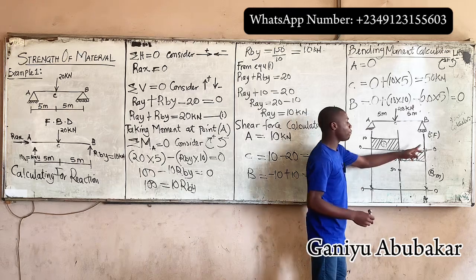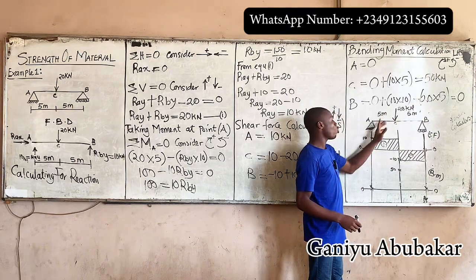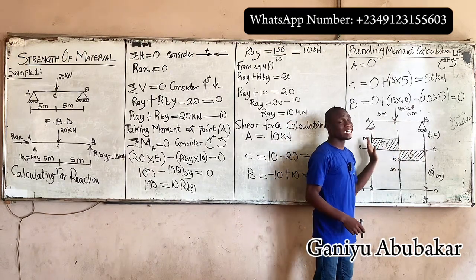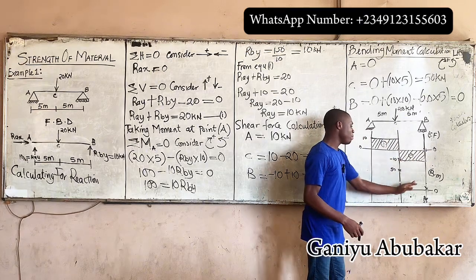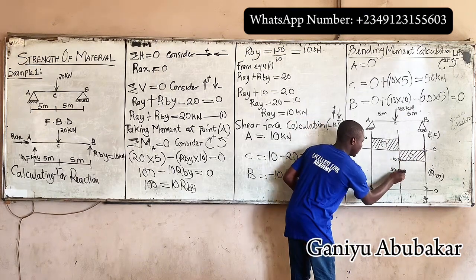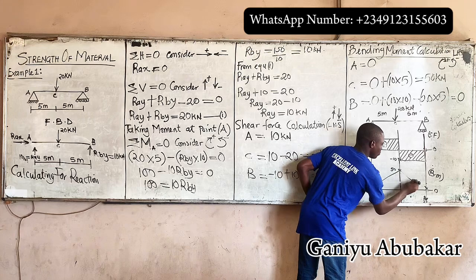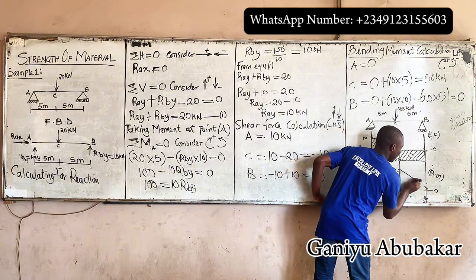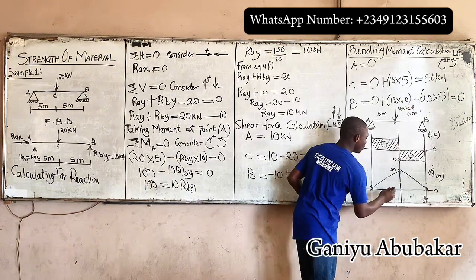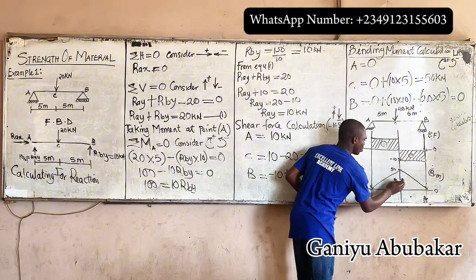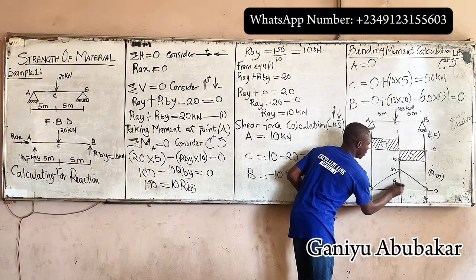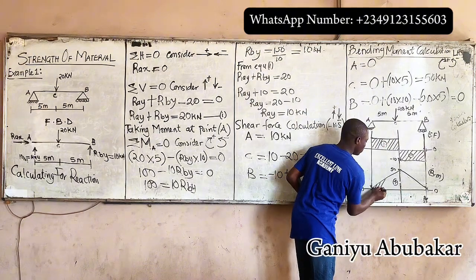Now, remember for shear force with point load, connect them in a rectangular manner. For bending moments, connect them with an inclined line this way. So this becomes my positive region. So I have a positive region here. I'll shade this.